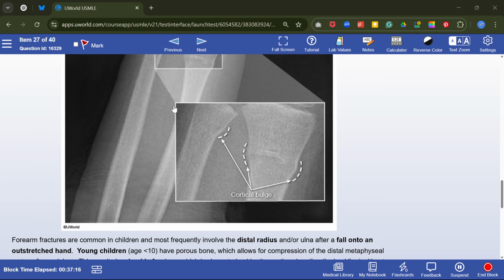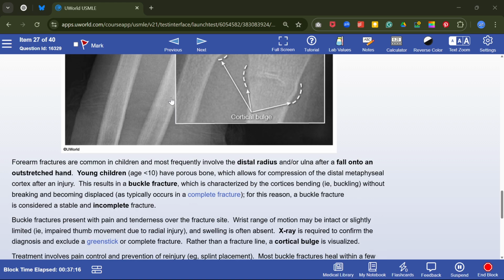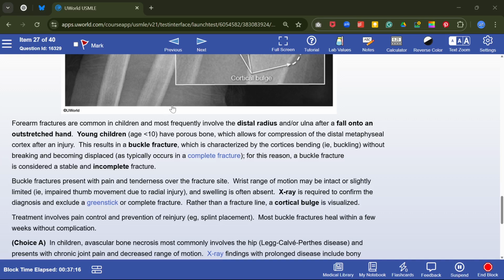It is a torus or buckle fracture. Forearm fractures are uncommon in children and most frequently involve the distal radius and ulna after a fall on an outstretched hand.